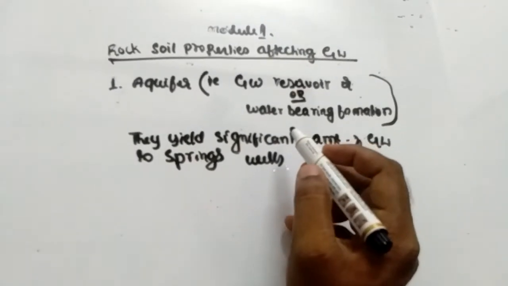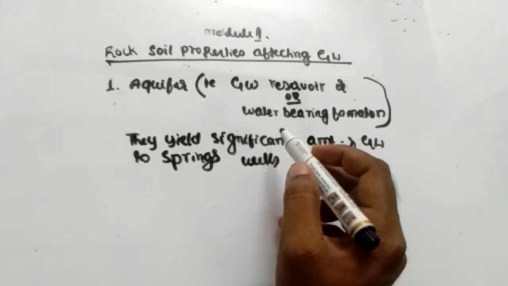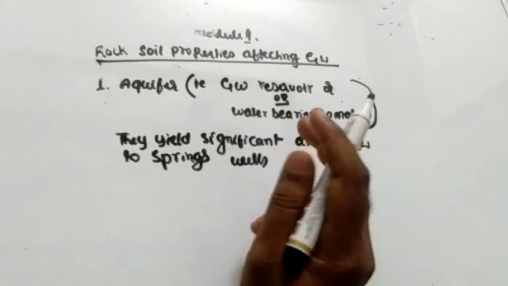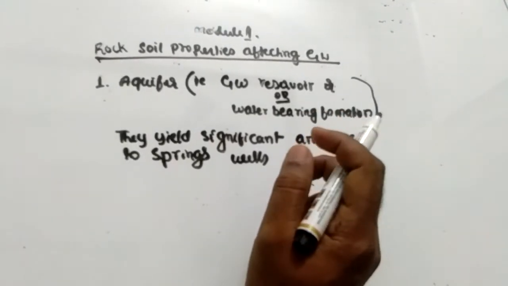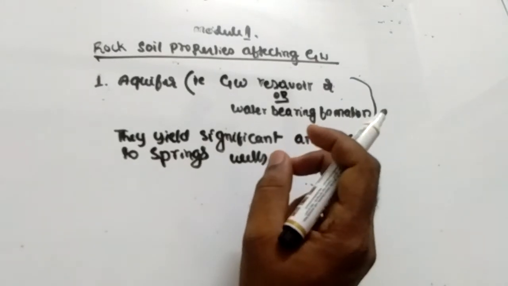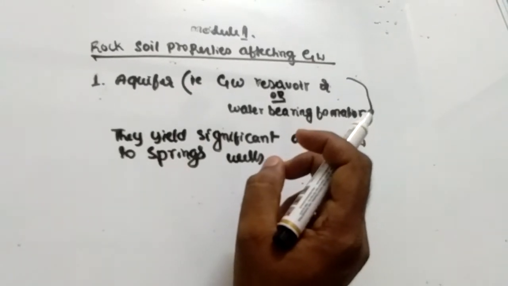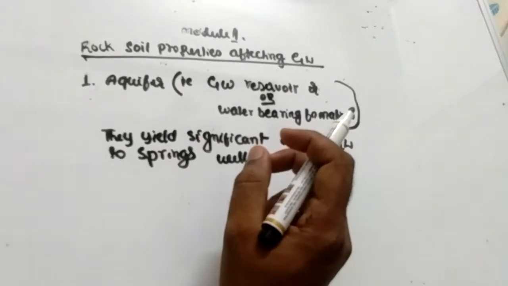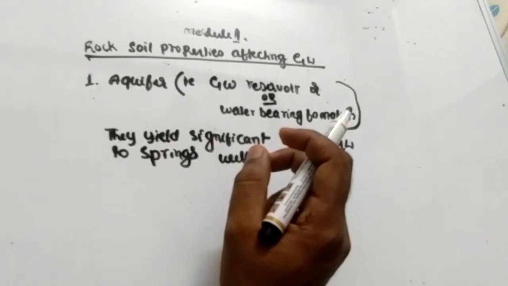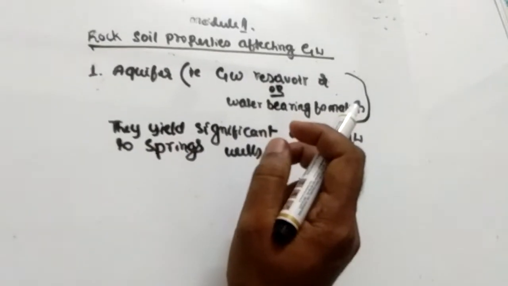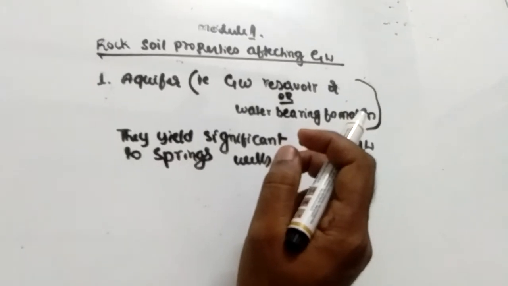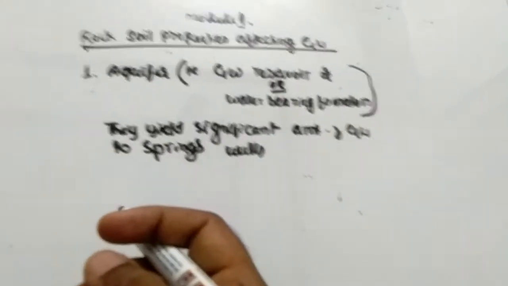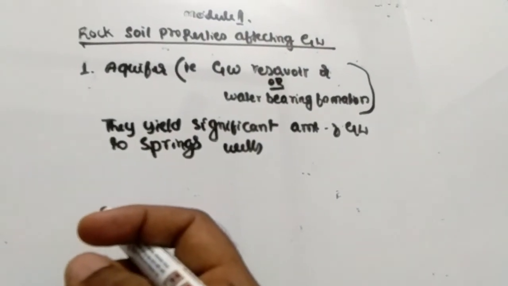Because of the hydraulic gradient, groundwater starts moving from higher head to lower head. Aquifers yield groundwater to open wells, tube wells, springs, small streams and other water bodies.